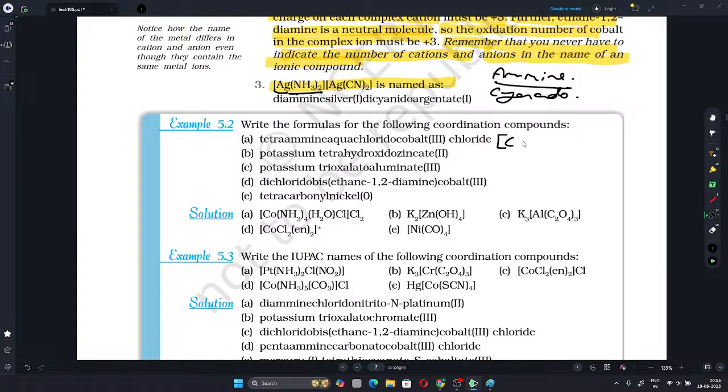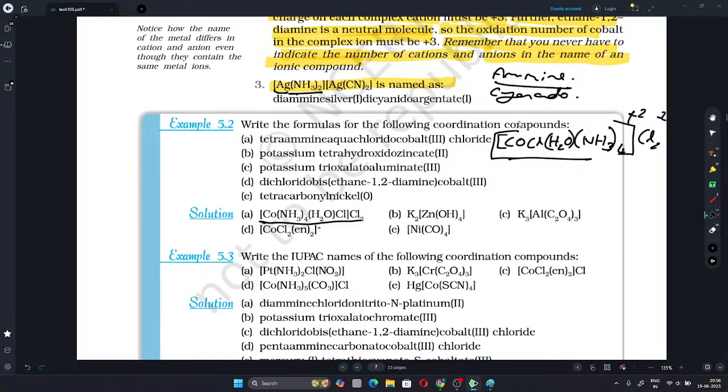It is cobalt, Cl, H2O, NH3 times 4. This is the answer. If we check here, it is indeed correct, except for the charge, which is +2, or we can write it as Cl2 minus 2.